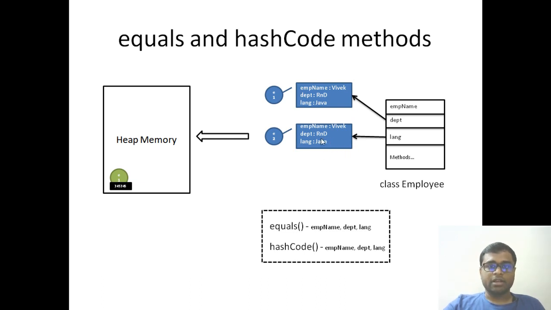Technically, these two objects are basically the same for us because they have similar values. But when we create these two objects with a new operator, there will be two different memory allocations being assigned in the Java heap memory.